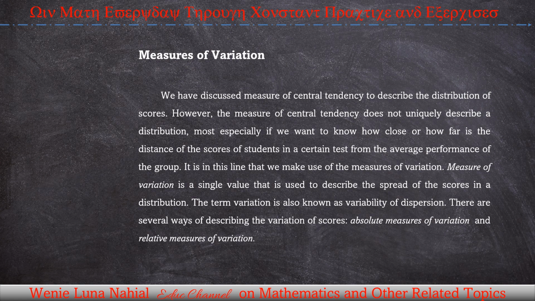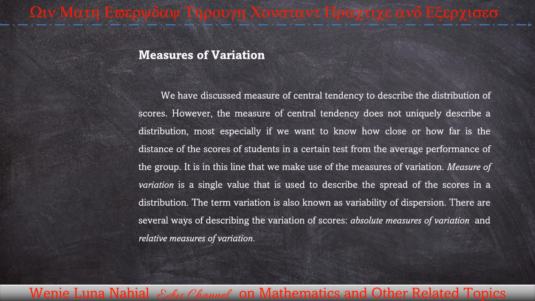Most especially, if we want to know how close or how far the scores of students in a certain test are from the average performance of the group. It is in this line that we make use of the measures of variation.